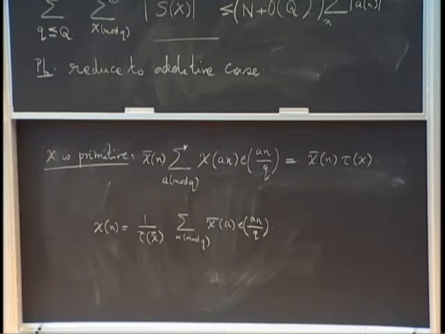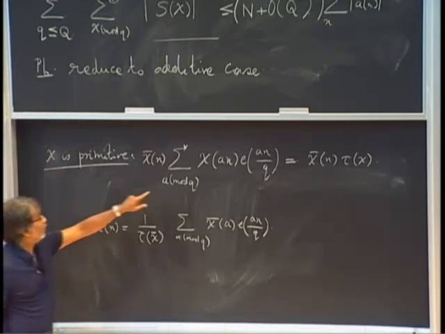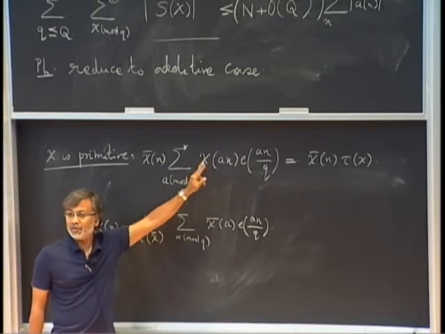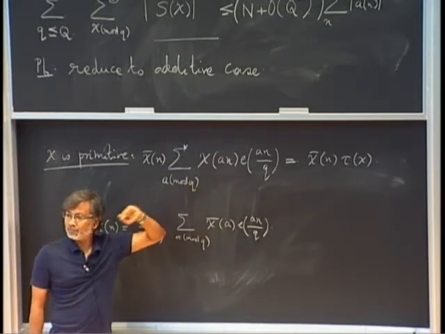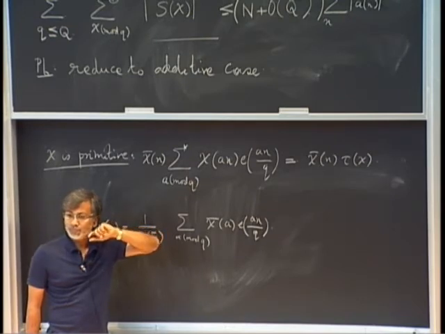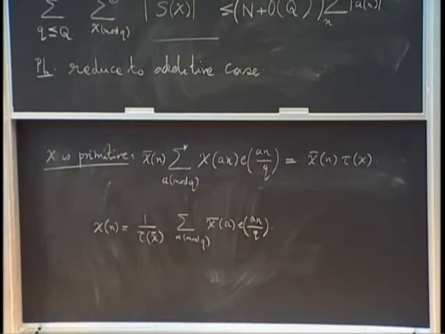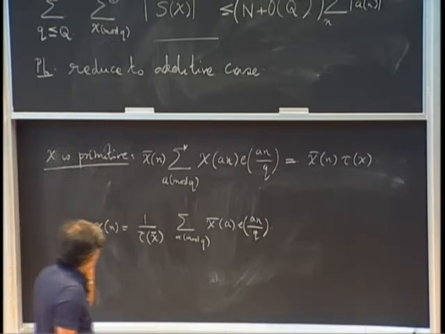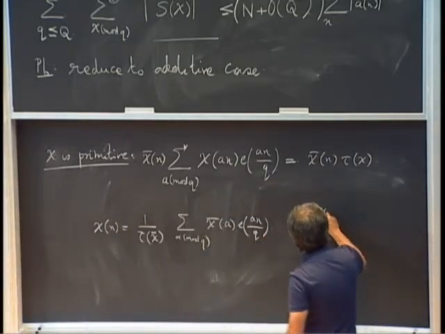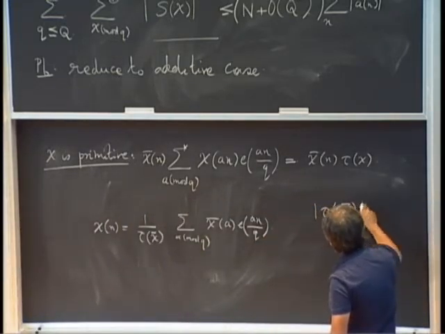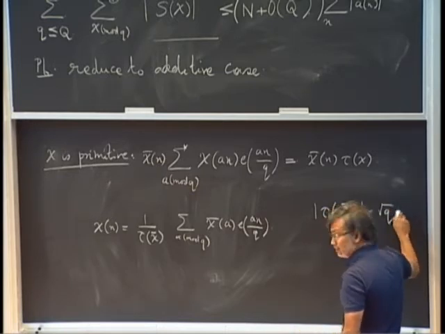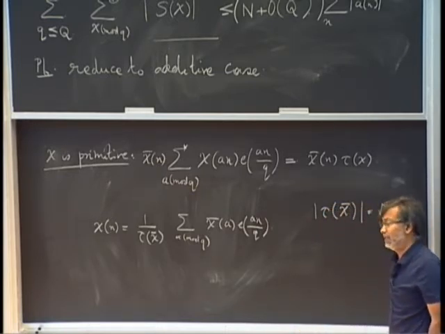Conjugate eigenvector for chi. This okay? I just use this formula, replacing chi here with chi bar, and then divide by the other side. And here recall that the size of the Gauss sum tau chi is square root of q.